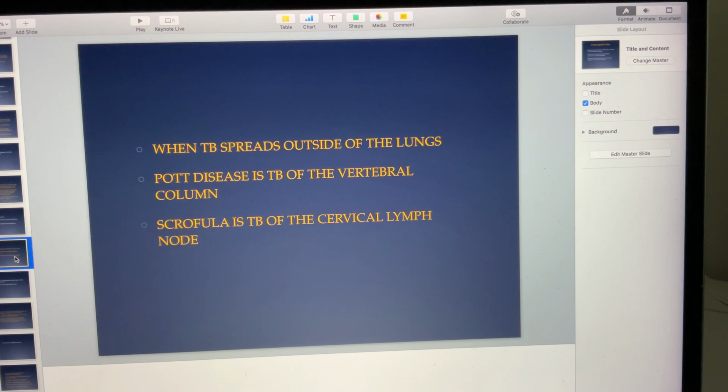Typically TB is a disease of the lung, it happens in the lung most of the time, predominantly. But sometimes it can spread outside of the lungs, and that is known as miliary tuberculosis. Pott's disease is TB that has invaded the vertebral column. Scrofula is TB of the cervical lymph node.